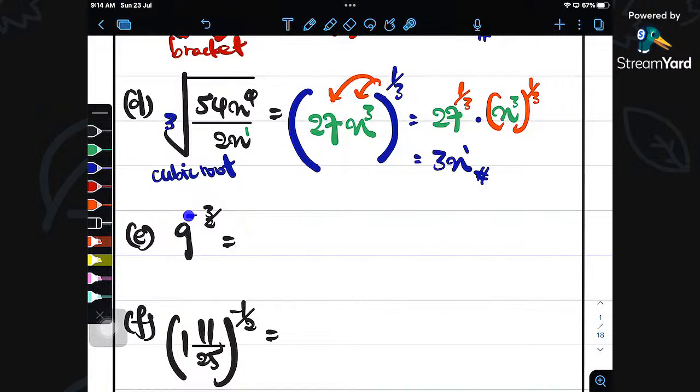Di sini mungkin baru juga untuk setengah daripada you all. It's not that hard. It is actually quite easy. What you need to do is you need to make sure that you put in the correct power inside of the bracket. Okay?